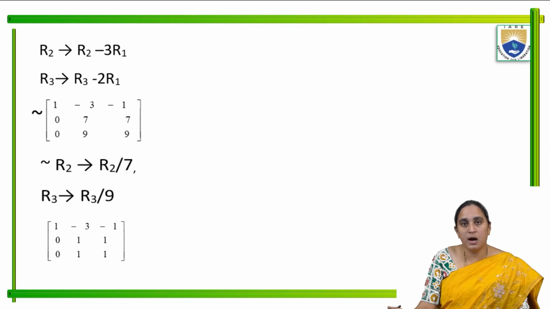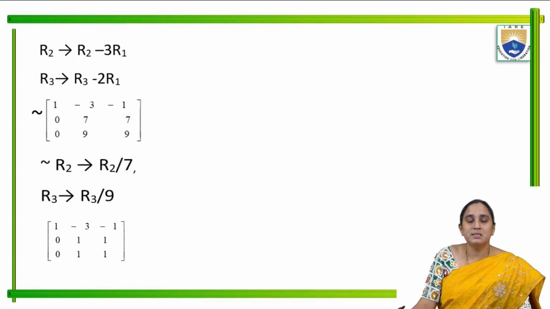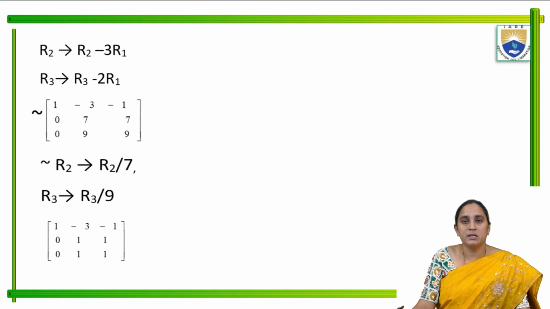With respect to R1 only, I'll make the first elements of R2 and R3 zeros. Here, what about the R1 first element? Indirectly, that is the first diagonal element.